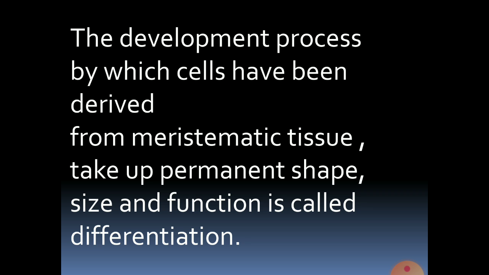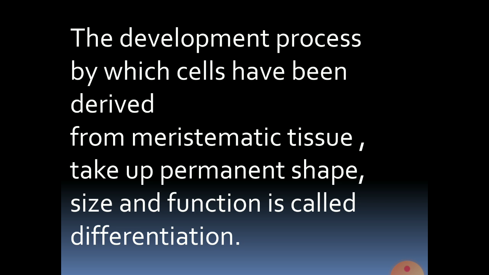The development process by which cells derived from meristematic tissue take a permanent shape, size and function is called differentiation. As I discussed in today's online session, what is cell differentiation? It is when cells perform a specific function.